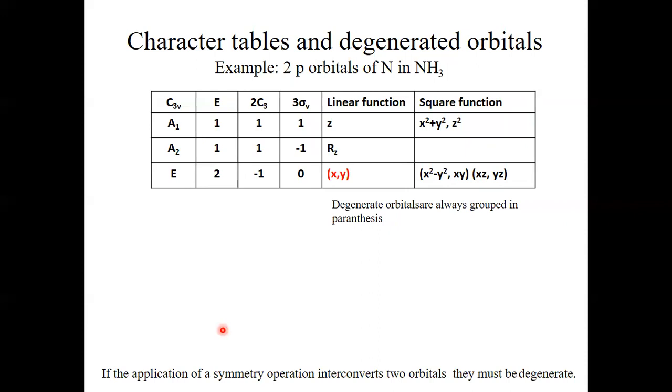Now, a great use of character tables is that it directly tells us when two coordinates are degenerate. Also, it tells us when two mathematical functions are degenerate.